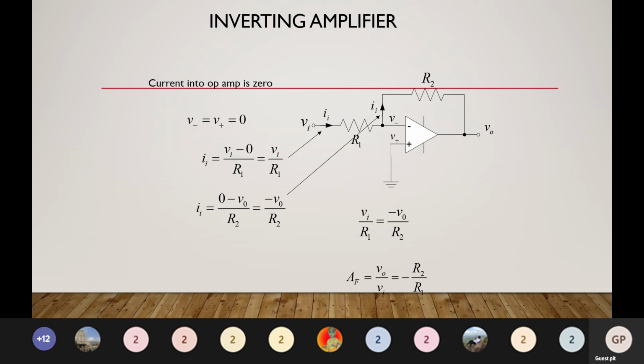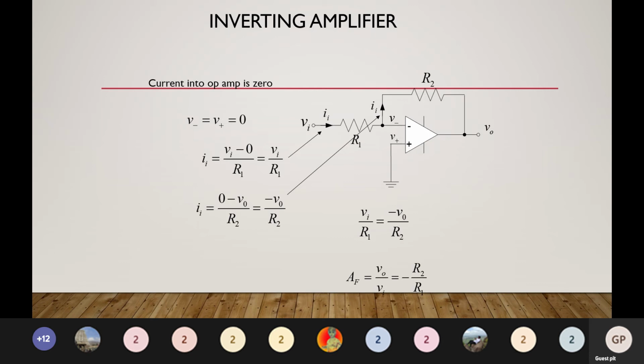So the entire current flows through the feedback path, and now if I write the expression for I1 with respect to this feedback path, I can say that as 0, because the potential here is 0, minus V0 divided by the resistor R2. So it is minus V0 by R2, right? Equating both expressions for I1, we can find that V0 is equal to minus R2 by R1 into Vi.